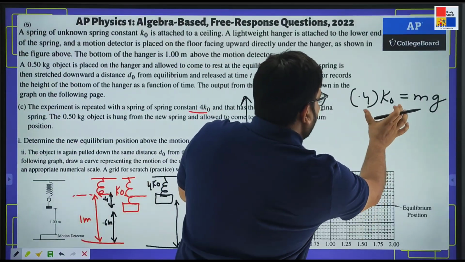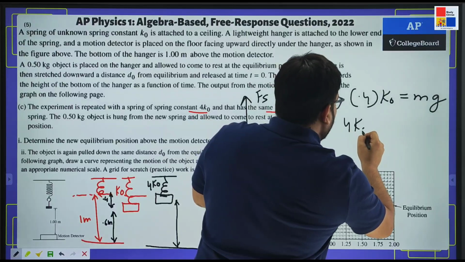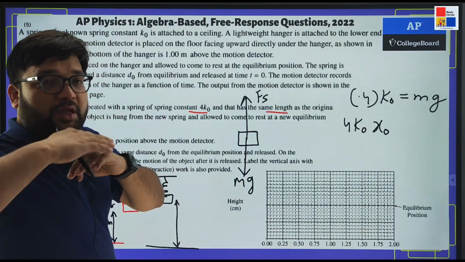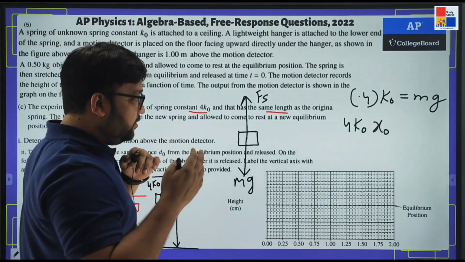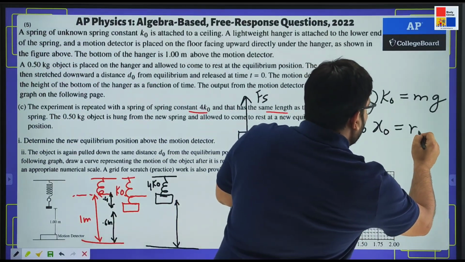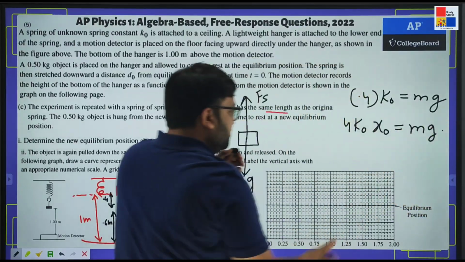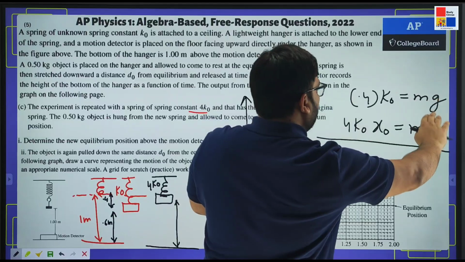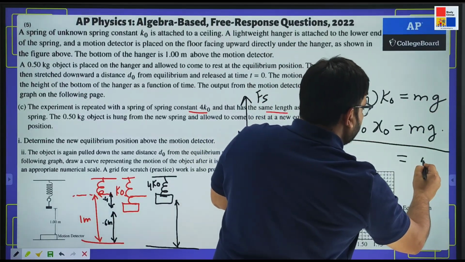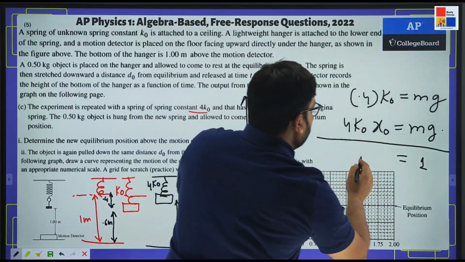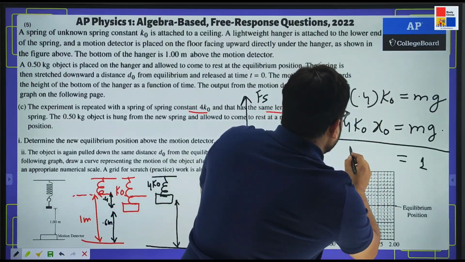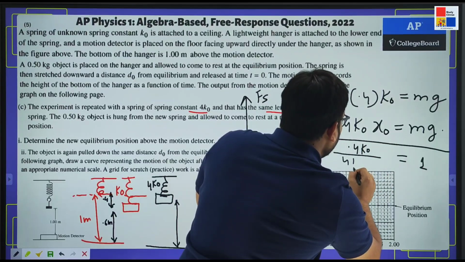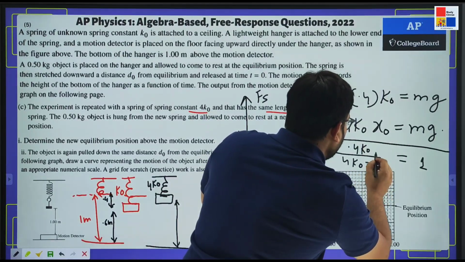So 4 times K naught times x naught, the elongation from the natural length, is still balancing the same weight, and we take the ratio. mg by mg is 1, and this is 0.4 K naught upon 4 K naught x naught.